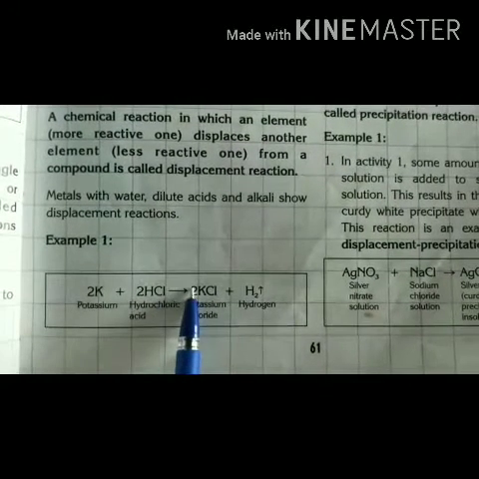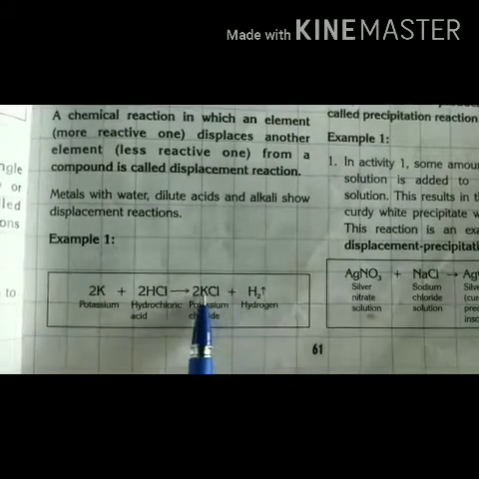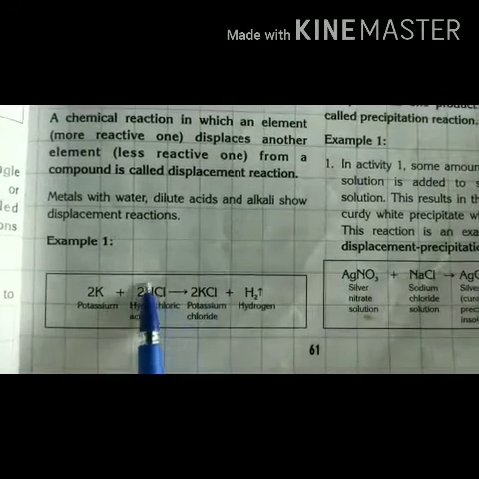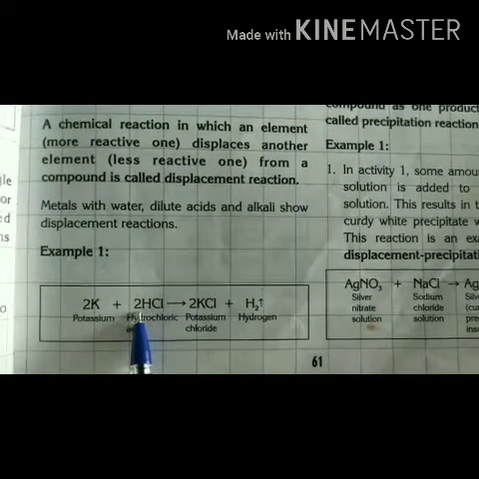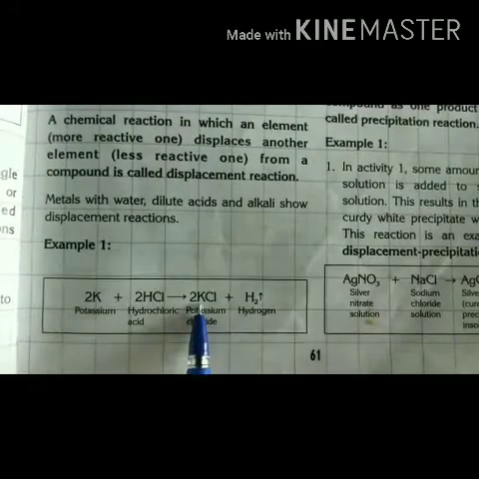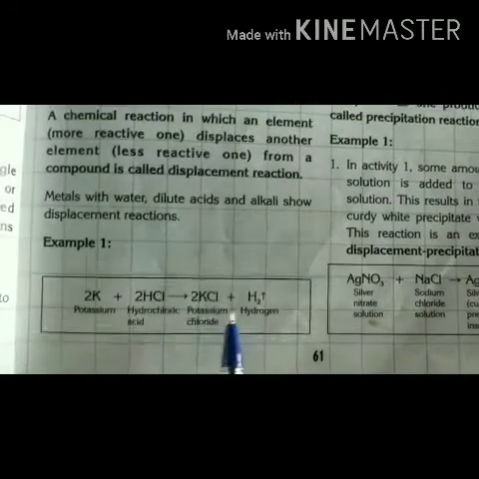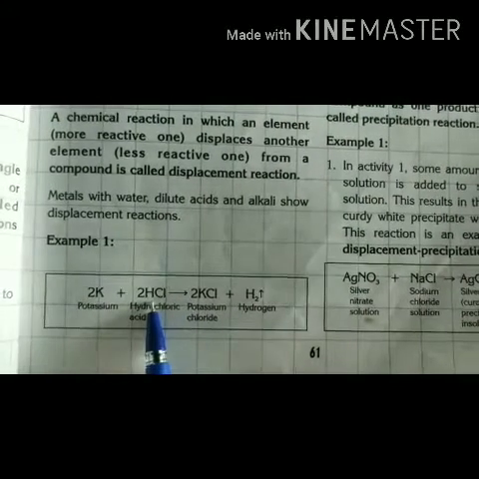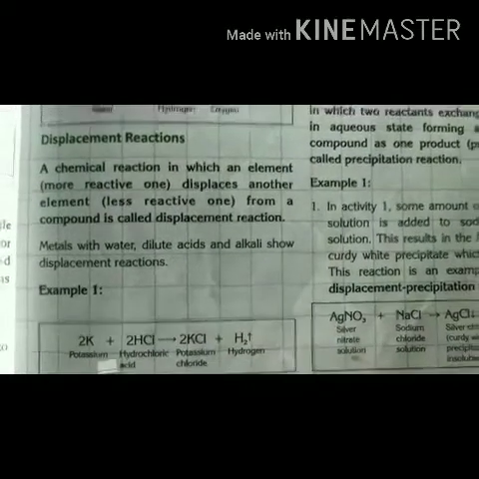But after the reaction with potassium it forms potassium chloride, which means the hydrogen is replaced by potassium, because potassium is more reactive than hydrogen. So the potassium replaces the hydrogen. This type of reaction is known as displacement reaction.